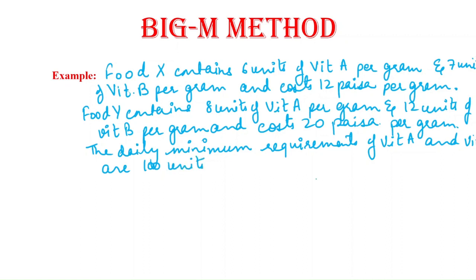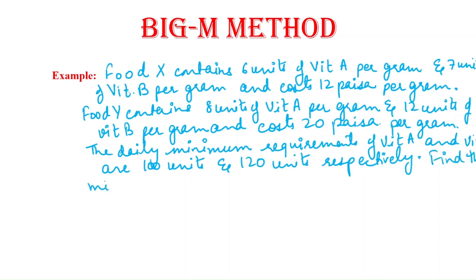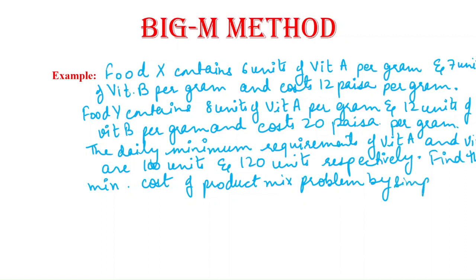Minimum requirements are given, that means you can consume more than that as well, and 120 units of vitamin B respectively. So find the minimum cost of the product mix problem by the simplex method.